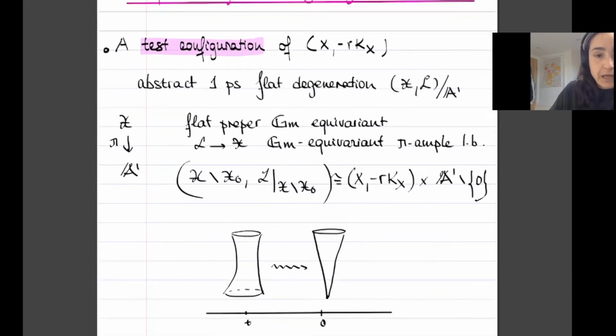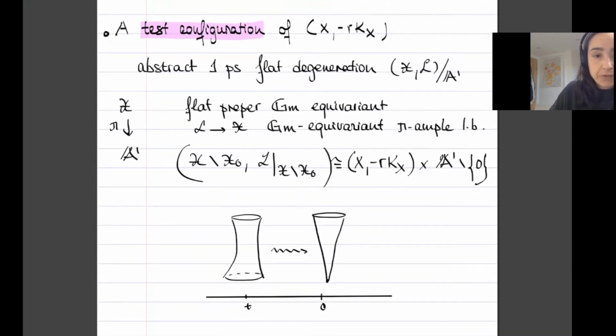And when we take out the central fiber, we have essentially a product: the pair 𝒳 minus 𝒳₀ and the restriction of ℒ is isomorphic to X, −rK_X multiplied with A¹ minus 0.